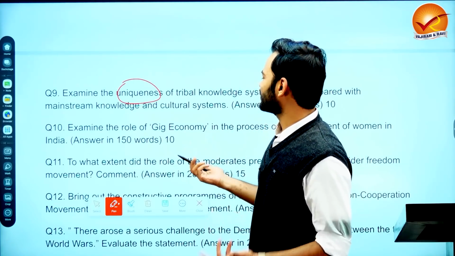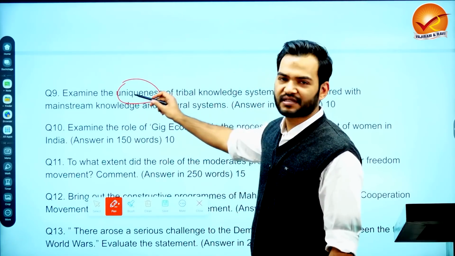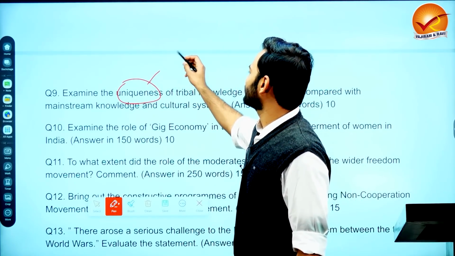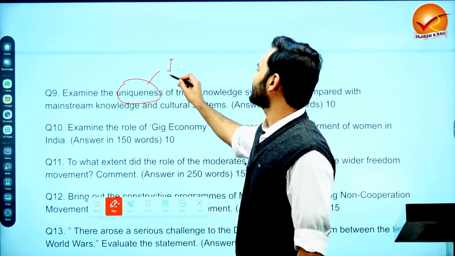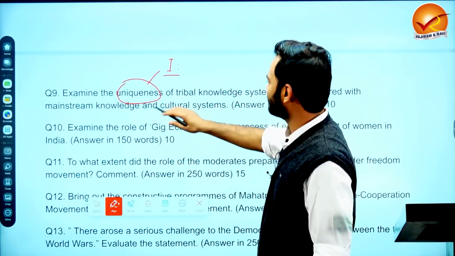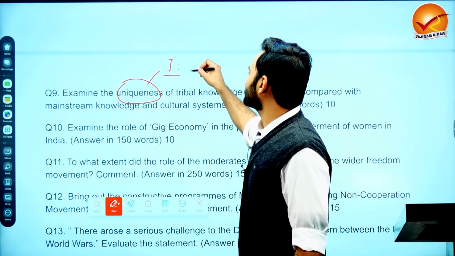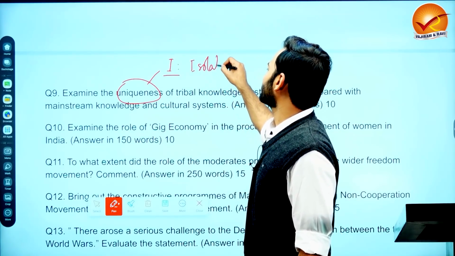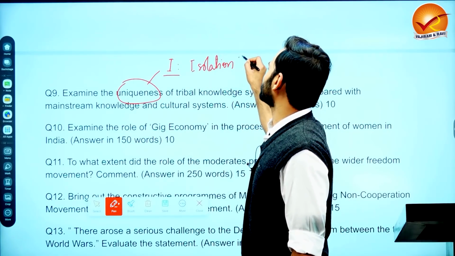So why has this question been asked? Because tribal knowledge system is very unique. So in the introduction we can write here that tribal knowledge system is very unique because of the concept of isolation.